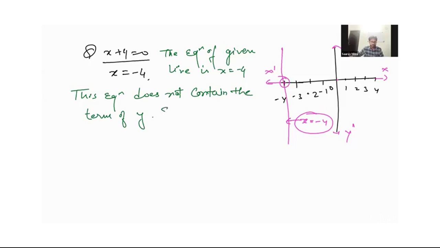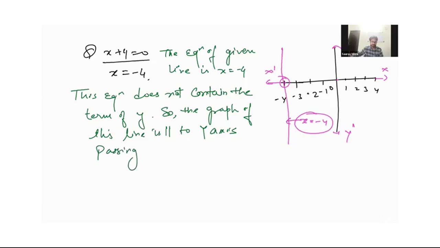So the graph of this line is parallel to the y-axis passing through the point (-4, 0). So this line again, since there is no value of y, the graph of this equation is always parallel to the y-axis.